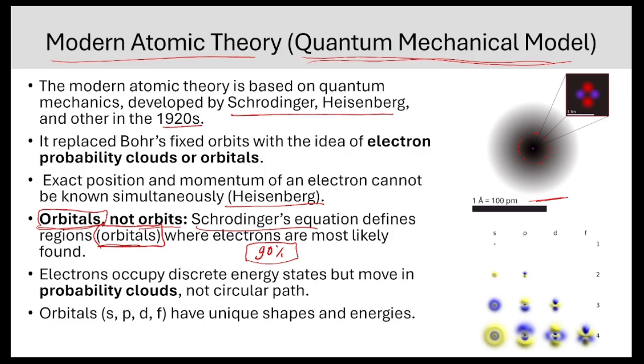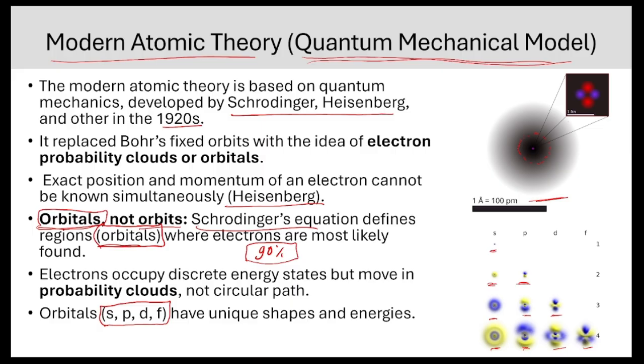These orbitals have different shapes and different energy levels, and the shapes of these orbitals are generally represented by the letters S, P, D, F. We can see that these orbitals have different shapes for different energy levels.